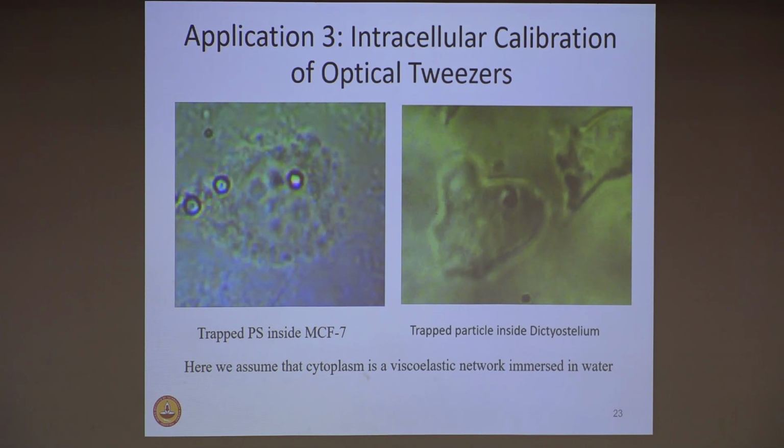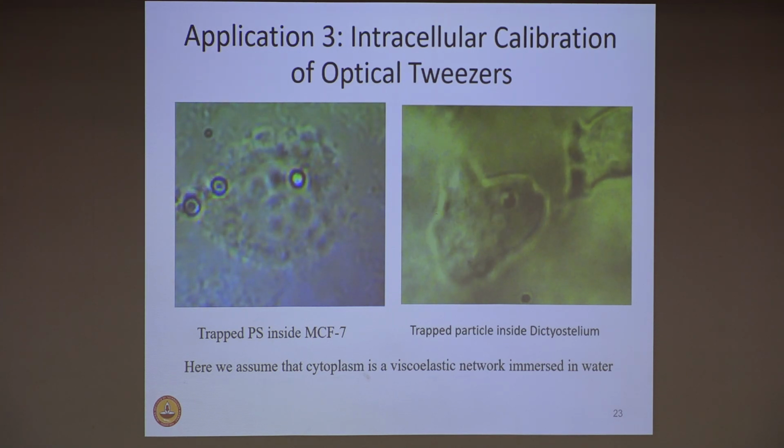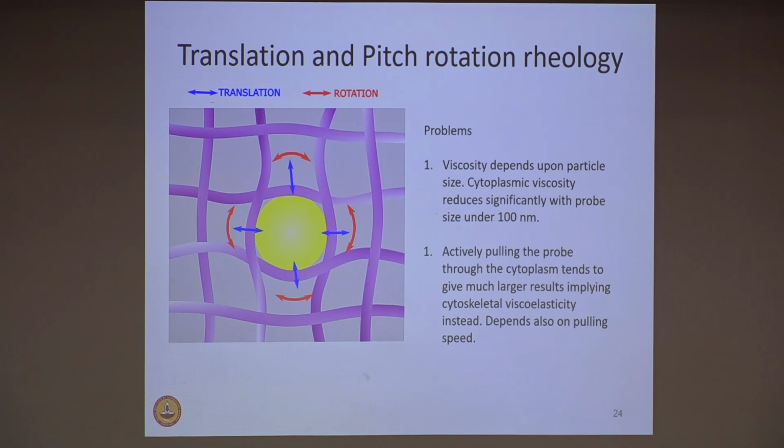So using this, you can also figure out the rheology inside the cell. How do you do that? Let's talk about it. The interior of the cell, the cytoplasm, is comprised of the cytosol, the fluid with proteins dissolved in it, and a network of fibers called the cytoskeleton: actin, myosin, microtubules, and intermediate filaments make up this internal network.